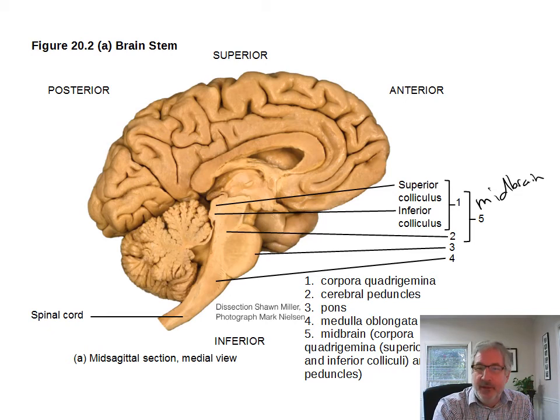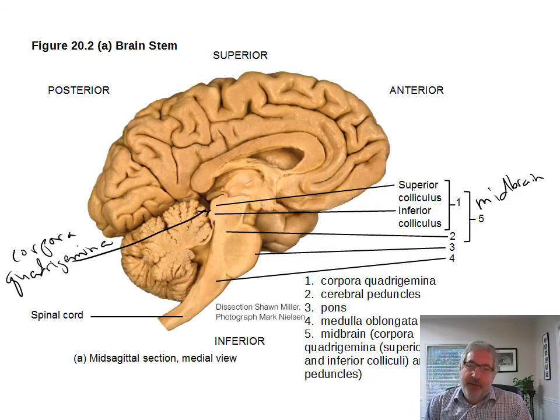These are called the corpora quadrigemina, which means corpora meaning body, quadra meaning four, gemina meaning twins. So you have two pairs of bumps on the back. Each bump is called a colliculus. There's 1, 2, 3, and 4. There's 4 of them on the back, if you're looking at it from a posterior view.